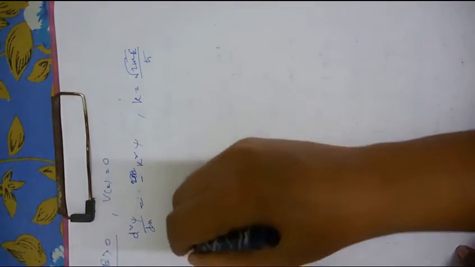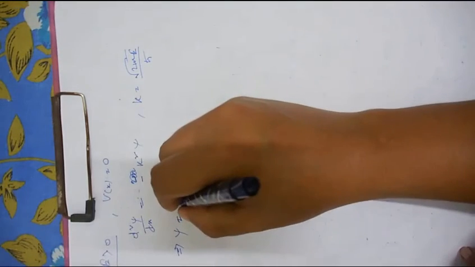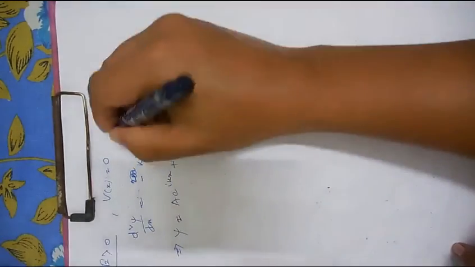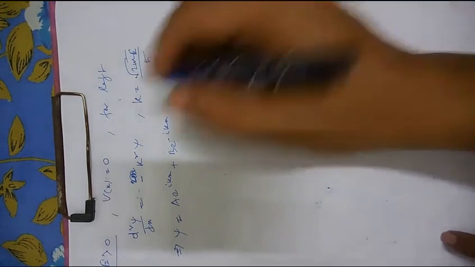Now this equation gives a solution as a periodic function. So it is a very conventional solution: a exponential ikx plus b exponential minus ikx. So this is actually for the left side.